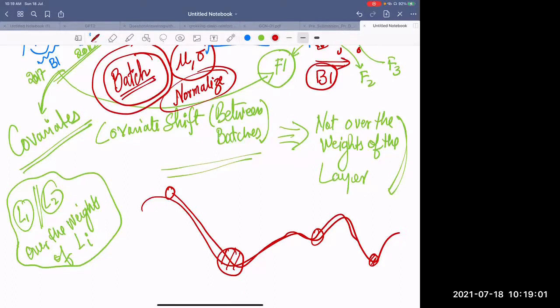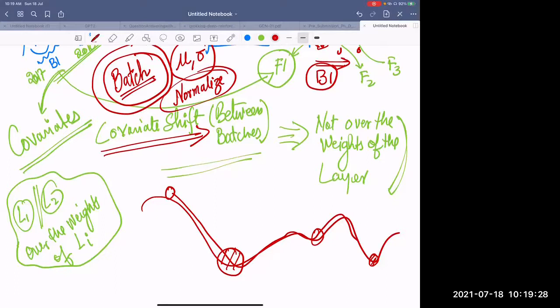But to handle the covariate shift because of the upcoming batches and their variabilities, because each upcoming batch is going to have a completely different type of cat image, completely different types of images of the same classes, and your input is also completely changing, somehow for a batch, you need to normalize and then see the next batch and again normalize.